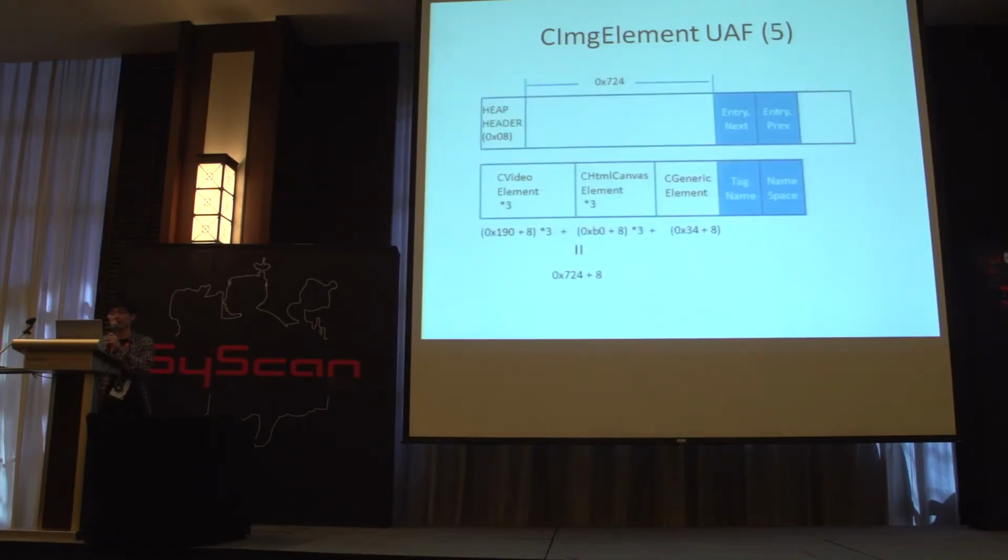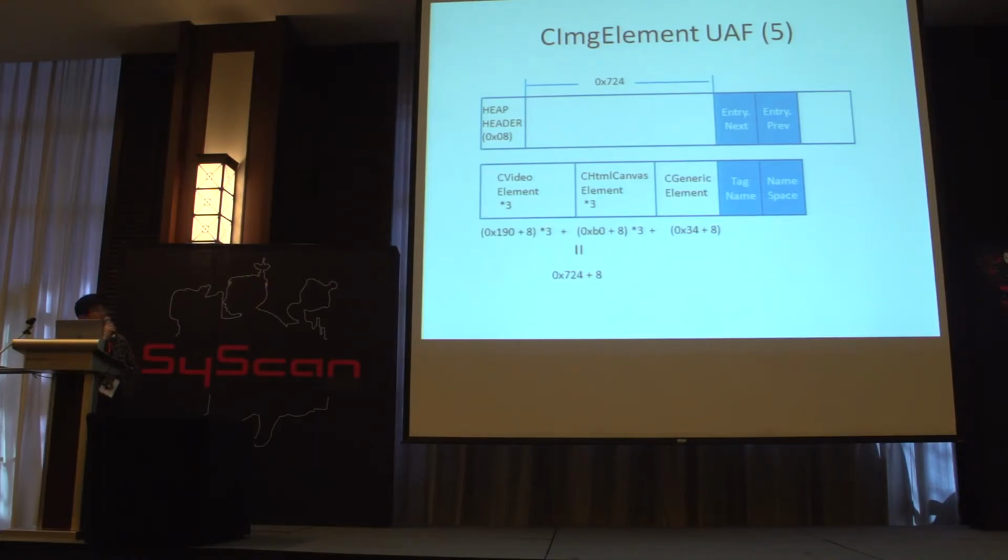And by simple computing, we decide to lay out the heap like this. First, we allocate 3 C video elements, followed by 3 C HTML canvas elements. And at last, we allocate a C generic element and control the value of the 2 CSTR strings in the C generic element.